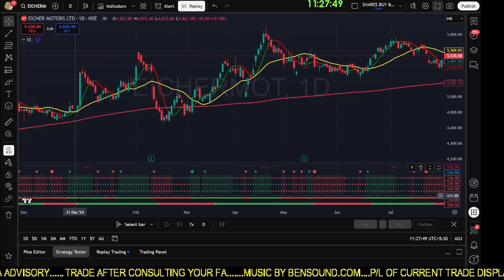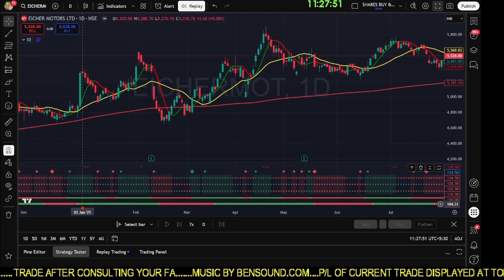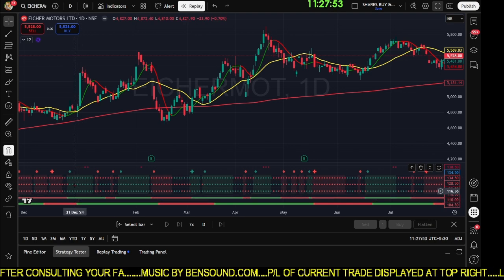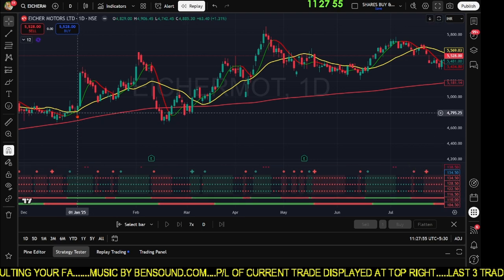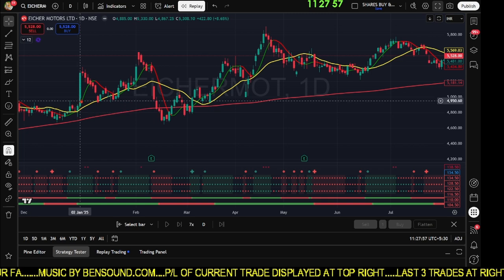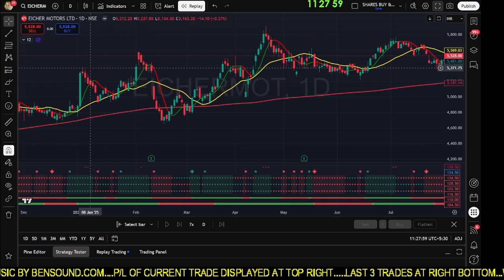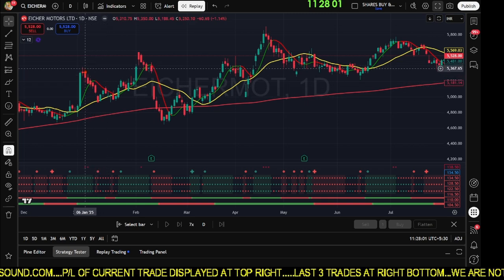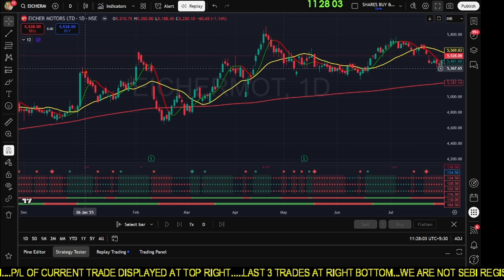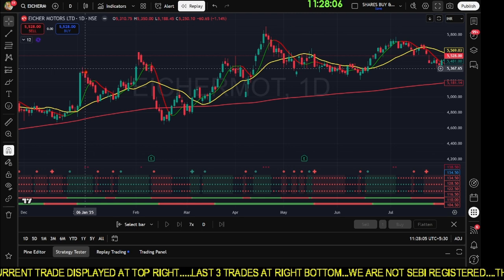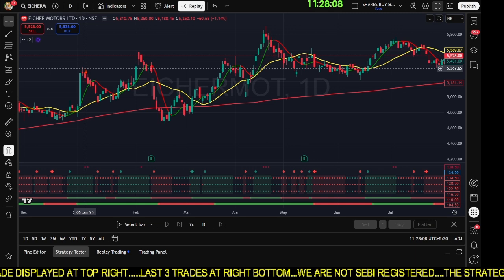When all the 5 lines, I mean 3 dots as well as the dashed line, have become green, you can see the price has moved from 4,795 to almost 5,367, which is around 500 rupees, more than a 10% jump.